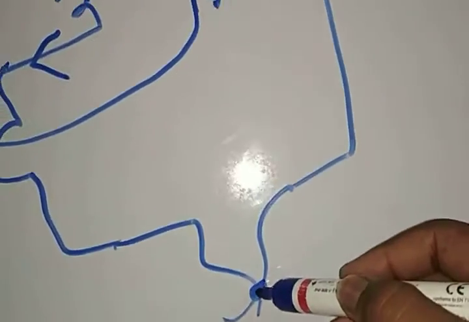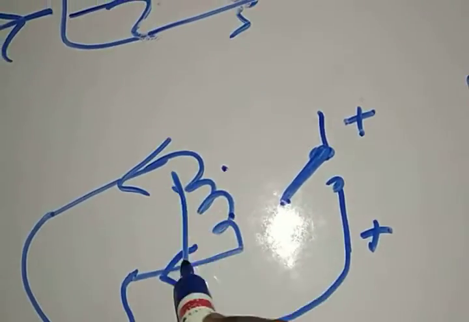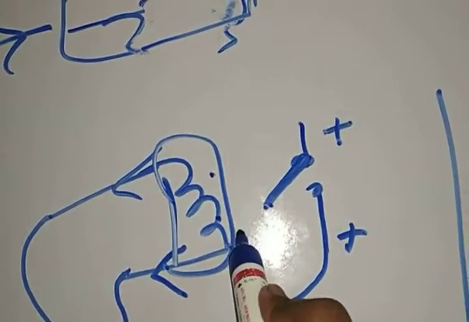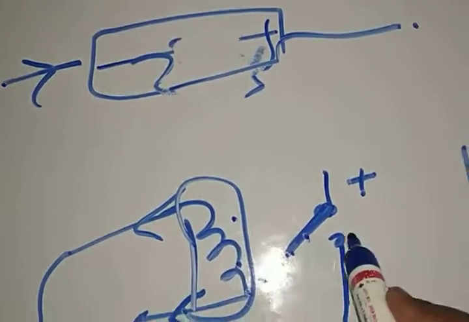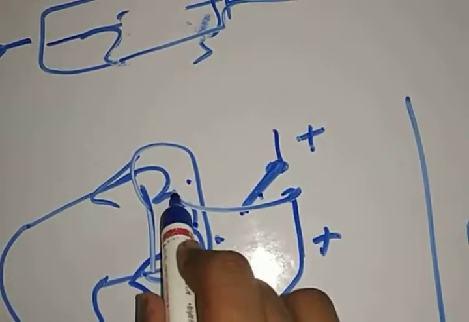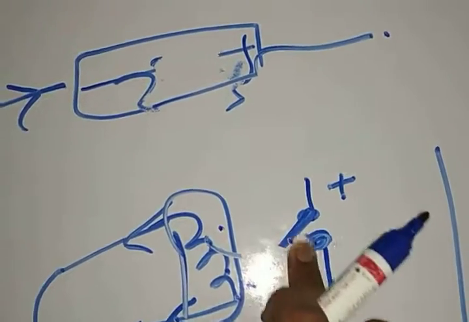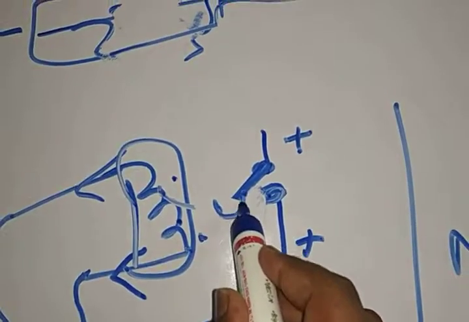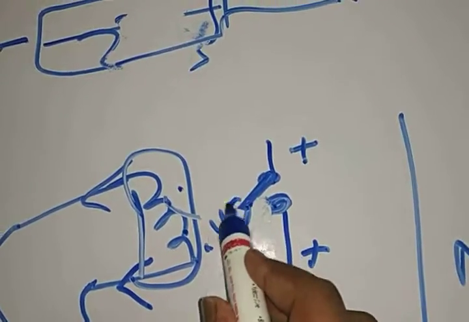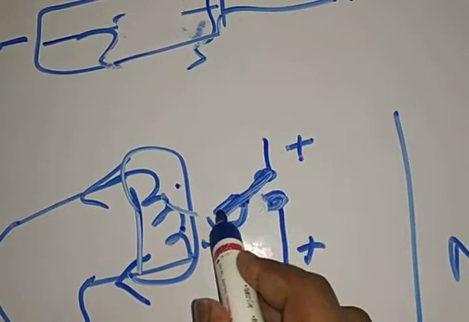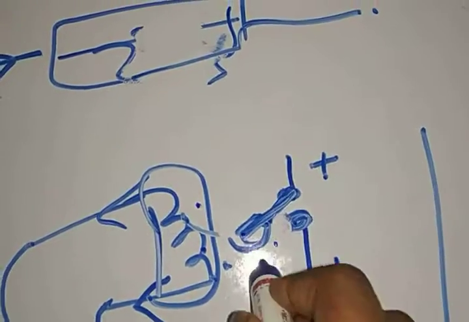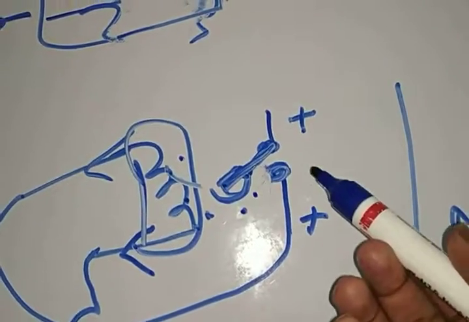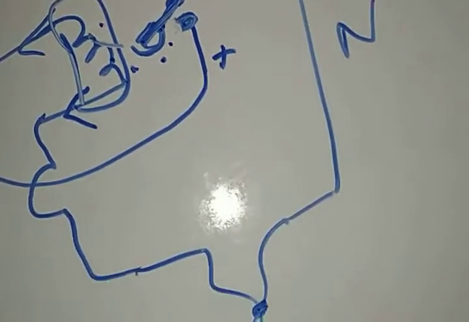A large current will flow through this coil, and a large magnetic effect will be caused, and this will break the circuit as there will be a gap. There is a lever-like system which will lock it at that point. Until we switch it on manually, it will not turn on, and the circuit will remain broken, and there will be no risk of fire.